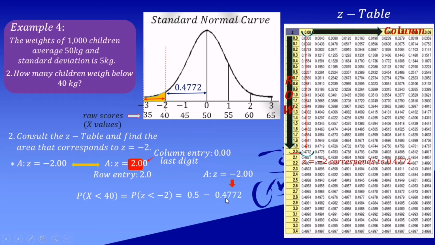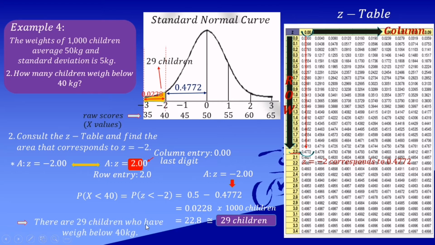So it's negative 2, so 0.5 minus 0.4772 is 0.0228. Then, since we have the 1,000 children participants for this study, so multiply by 1,000, so 22.8 approximately to 23 children. So with this shaded region, we have 23 children weigh below 40 kilogram.